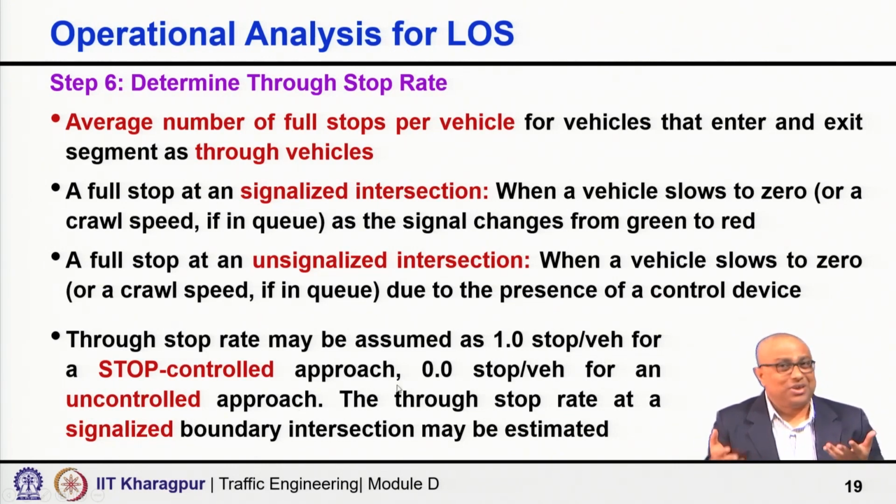Obviously, every vehicle has to stop legally, then look for a gap and then maneuver. You can take 0 stops per vehicle for an uncontrolled approach, as stopping is not mandatory. What remains is the signalized intersection, which needs to be estimated. How can it be estimated? HCM 2000 gives you the details, and I am not going into that discussion at this stage.